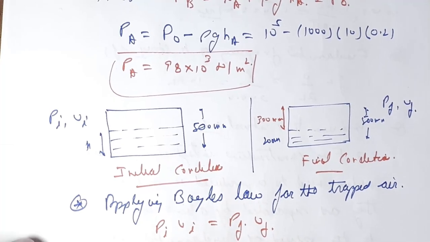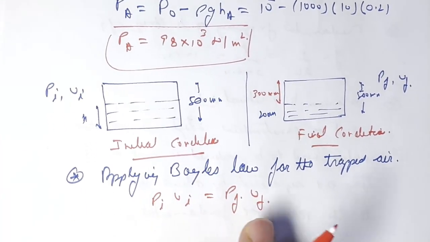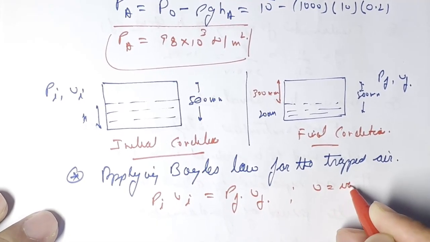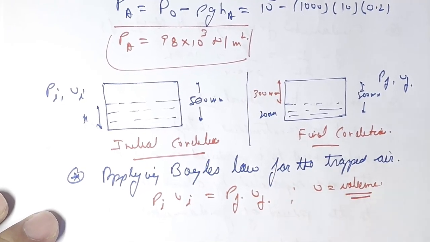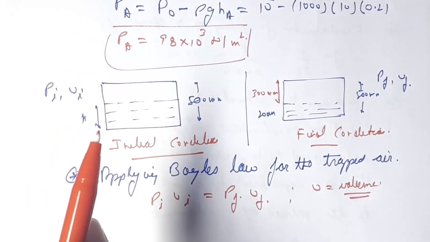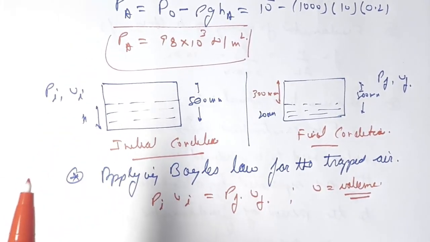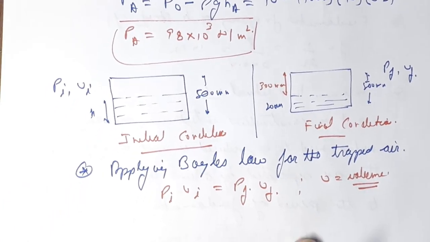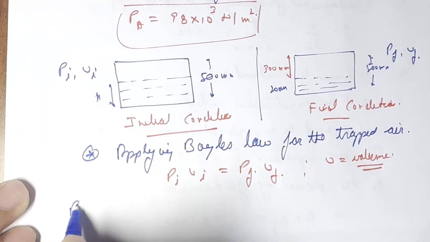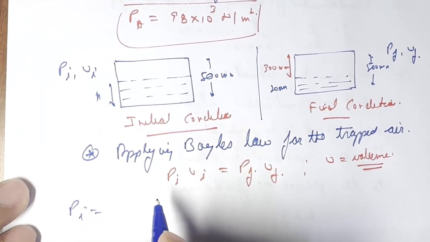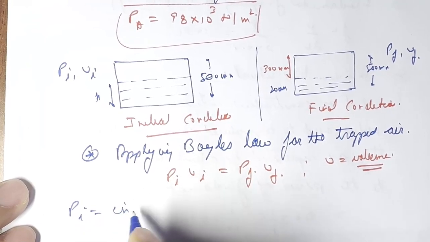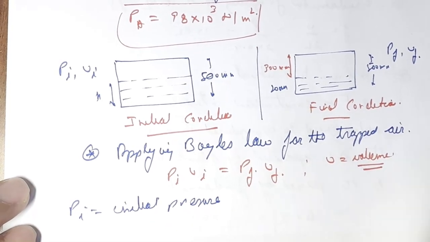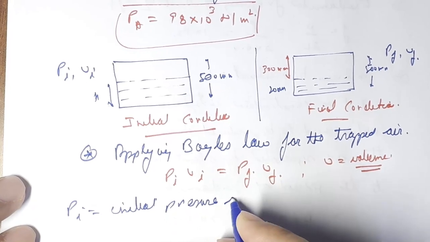Please keep in mind that here V is the volume, not the velocity. Previously in Bernoulli's theorem, V was velocity. So Pi is our initial pressure of air.